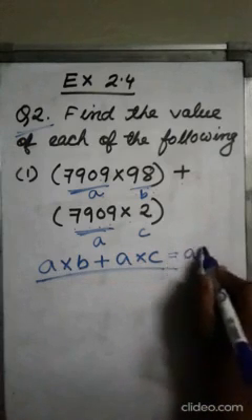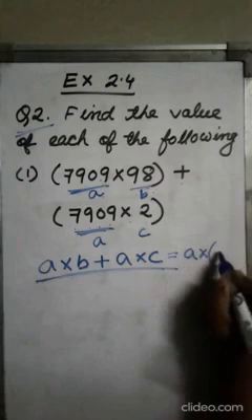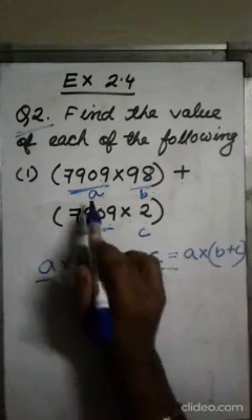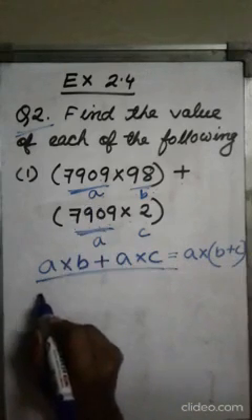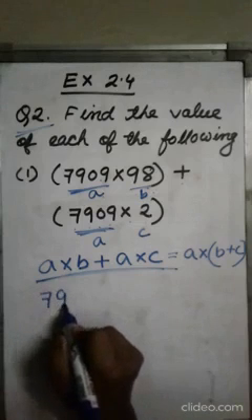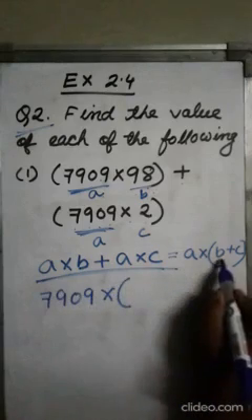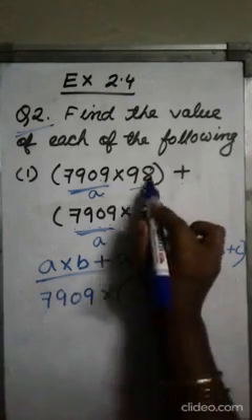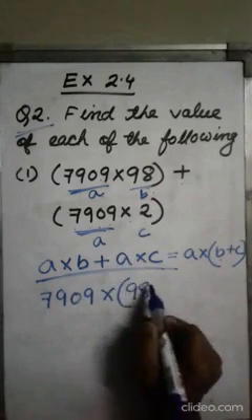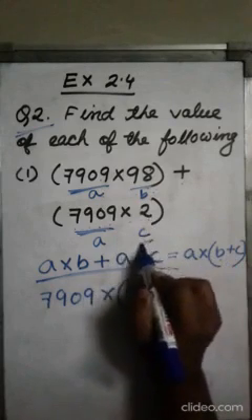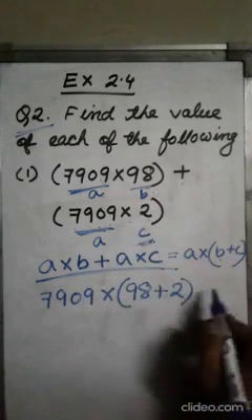So it is equal to A into B plus C. Here A we have 7,909 into B is what? B is 98 plus what is C? C is 2.